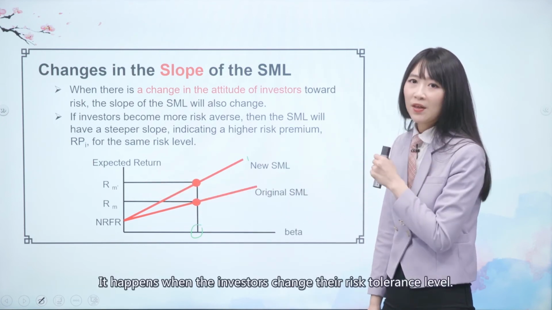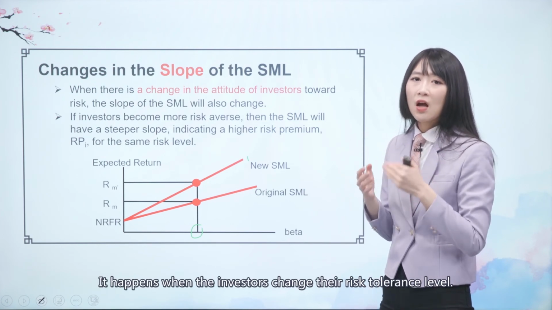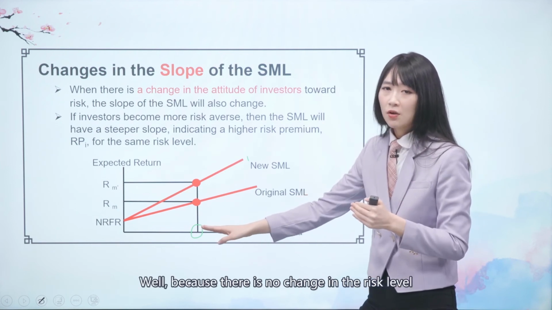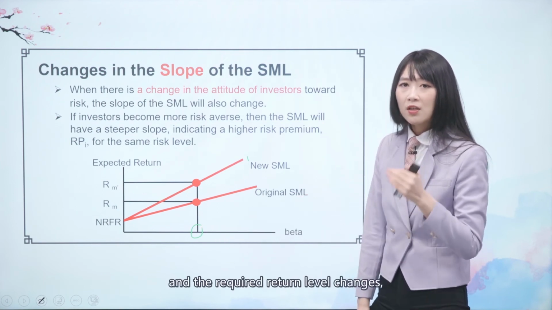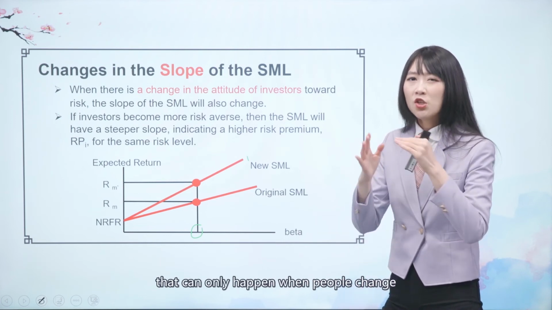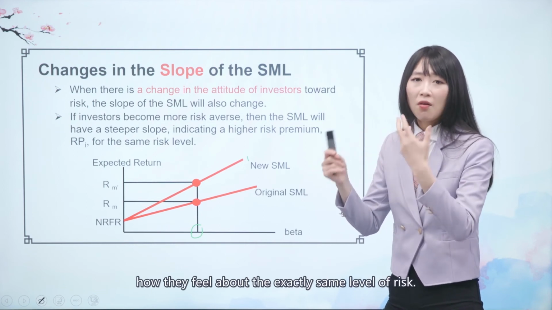It happens when investors change their risk tolerance level. Well, because there's no change in the risk level but the required return changes. That can only happen when people change how they feel about exactly the same level of risk.